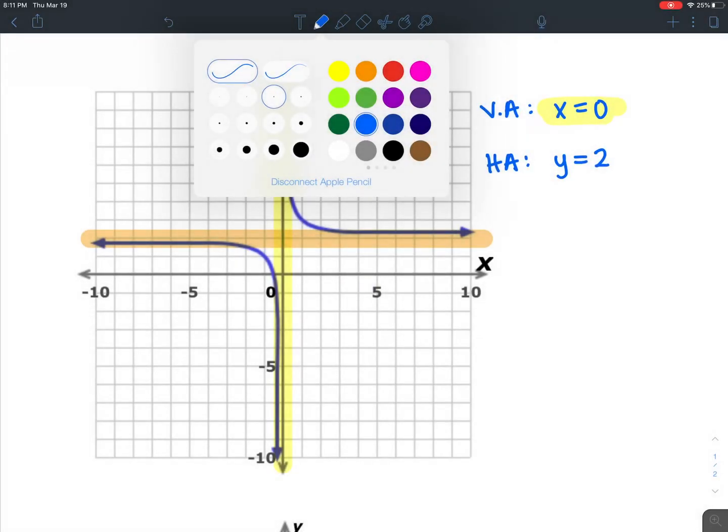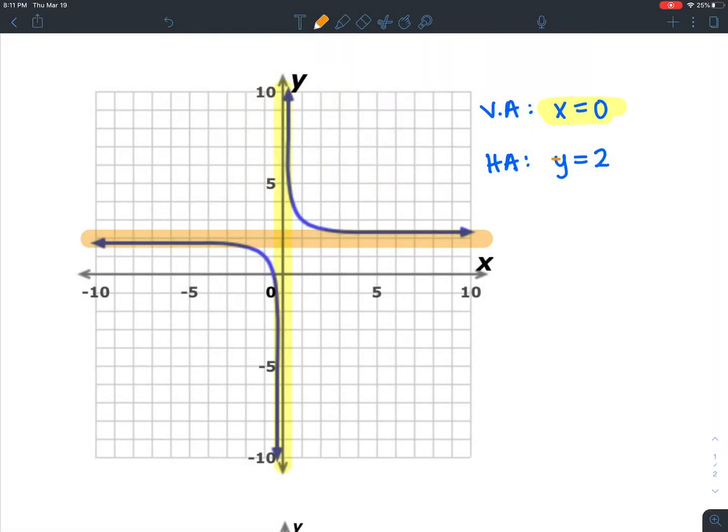Supposed to be the highlighter. There we go. So that will be where our horizontal asymptote is. Using that, we can try to assemble the equation. Because the graph is in the top right and bottom left part between our asymptotes, this a value is positive, but we don't necessarily know what a is.